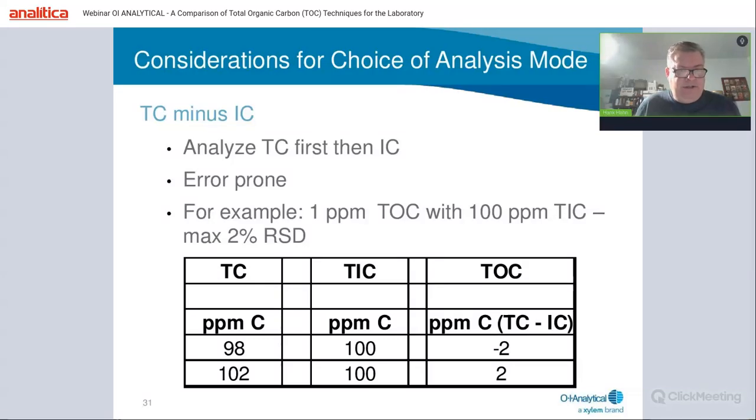The concentration of the TIC should be relative to the concentration of TOC, and that should be taken into account when choosing this mode. There are TOC concentrations that can be found in typical ground or surface water samples. This was run with that, from these results here.